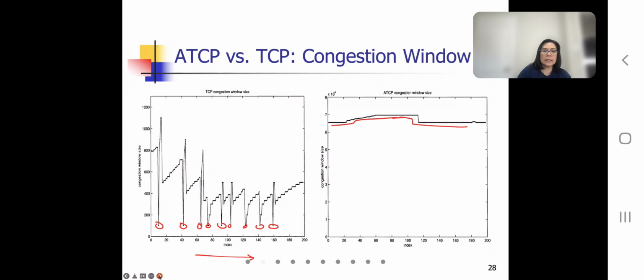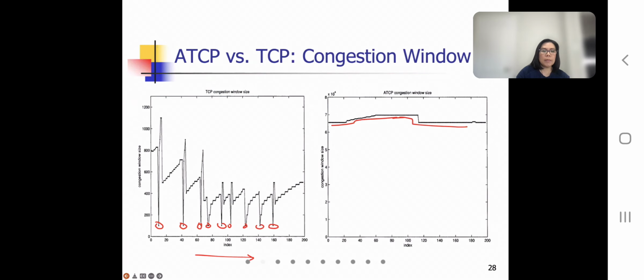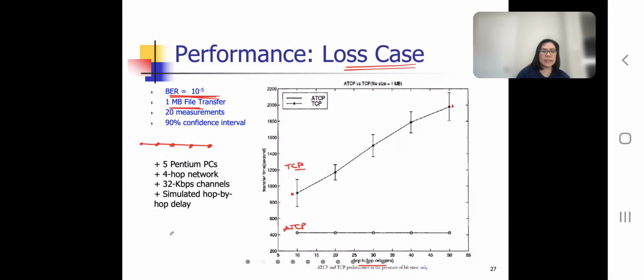So in the next experiments, now they introduce congestion. Not only bit error rate, but also congestion, both happening at the same time. As before, the bit error rate is the same, so basically almost everything is the same.